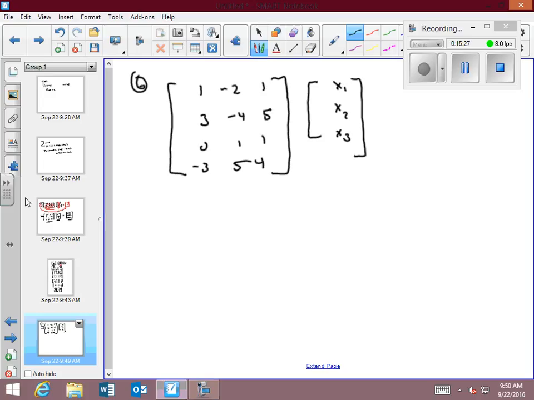And it transforms us into this: 1, 9, 3, minus 6. So we're going from an R3 space to an R4 space, and the matrix transformation is that.